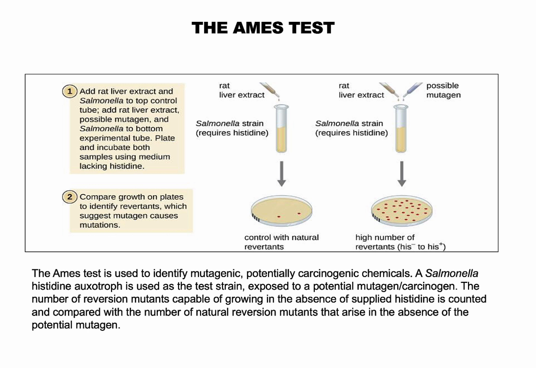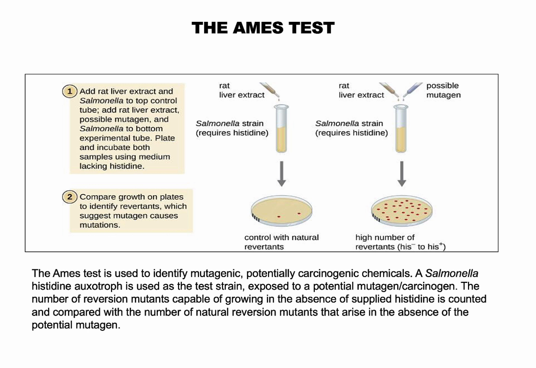The test organism used is a strain of Salmonella typhimurium that is a histidine auxotroph, meaning it cannot synthesize its own histidine amino acid due to a mutation in a crucial gene necessary for its synthesis. After exposure to a potential mutagen, these bacteria are plated on a medium that lacks histidine. The number of mutants that regain the ability to synthesize histidine is recorded and compared to the number of such mutants that occur without the potential mutagen.